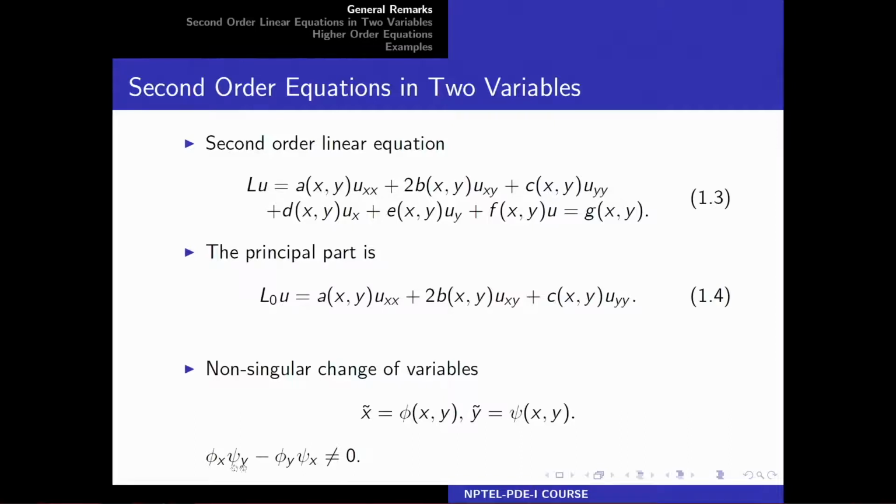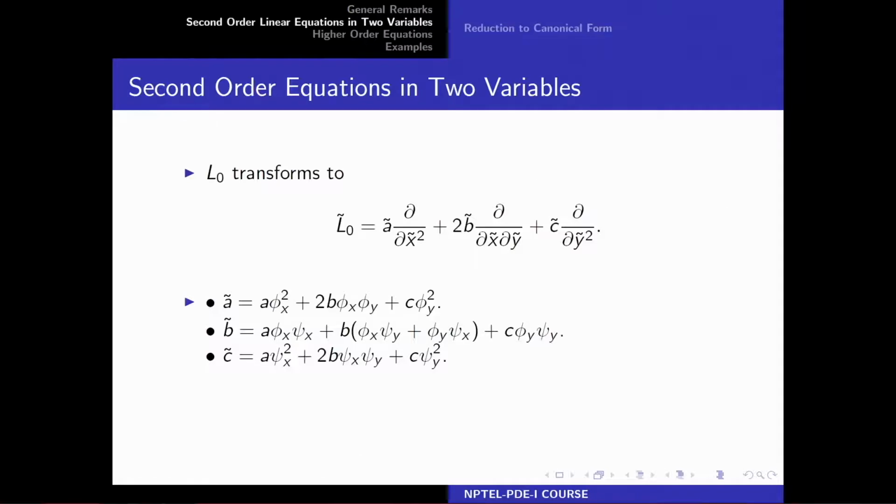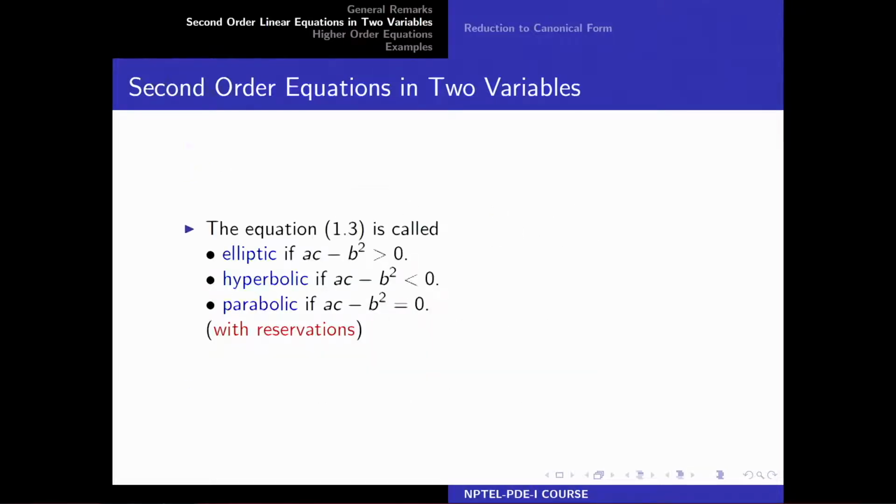So, you have to pay attention to all these things. Phi x and phi y cannot be 0 simultaneously, and similarly psi x and psi y cannot be 0. So, since psi x and psi y are not simultaneously 0, psi x by psi y also satisfies that quadratic equation.